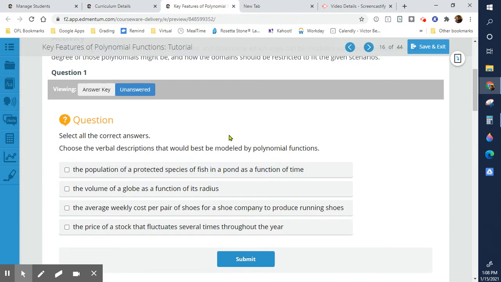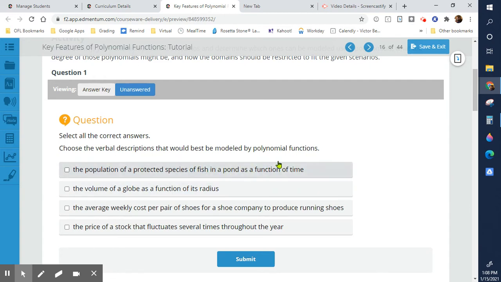Alright, so choose the verbal descriptions that would best be modeled by polynomials. The population of a protected fish in a pond as a function of time. Well, polynomials are more about multiplication, so this one probably wouldn't be the best, and there's no exponent.